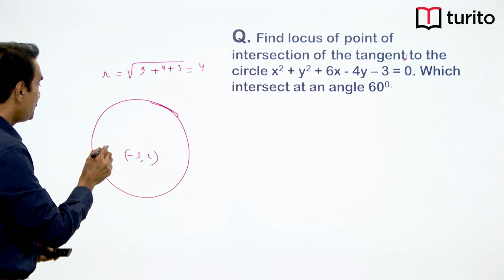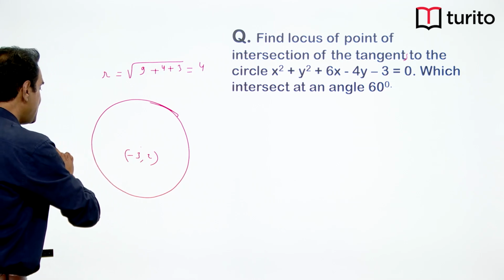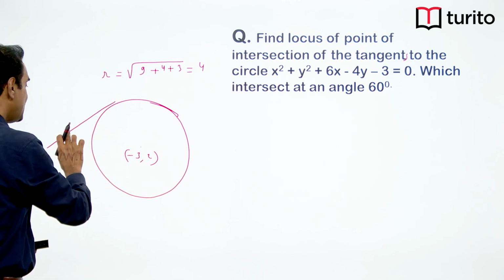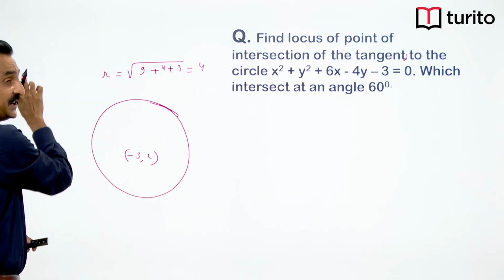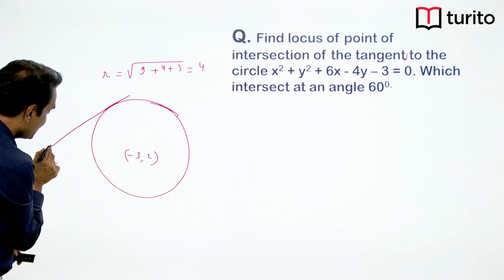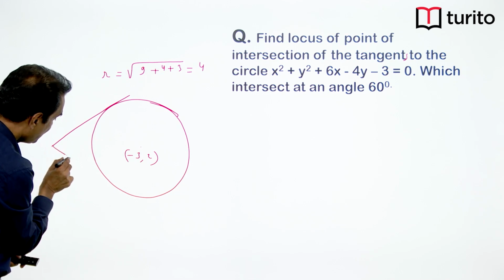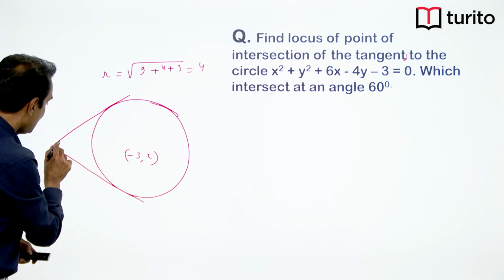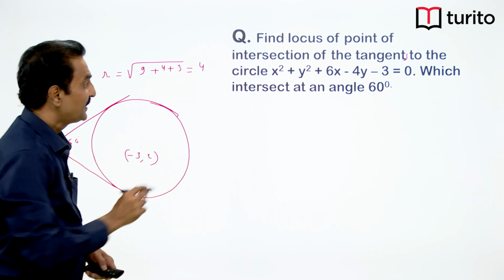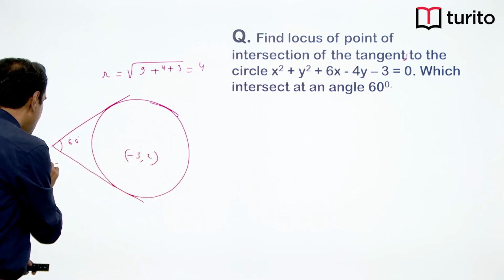Now, if you take two tangents to the circle which intersect at an angle 60 degrees. This angle is 60 degrees. Then what is the locus of this point?